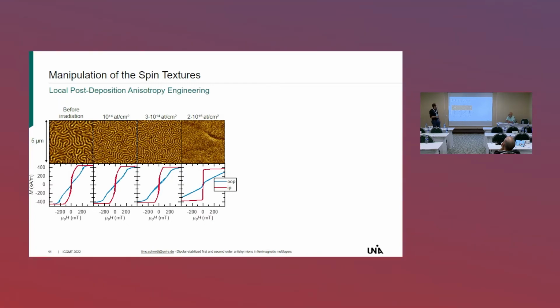And the next thing was the local part. So what we did was we took our iron gadolinium multilayers with the iridium, and we tried it with nanospheres. We had different sizes of these, between 200 and 800 nanometers.